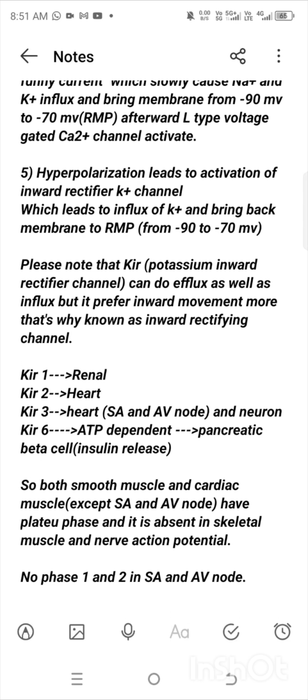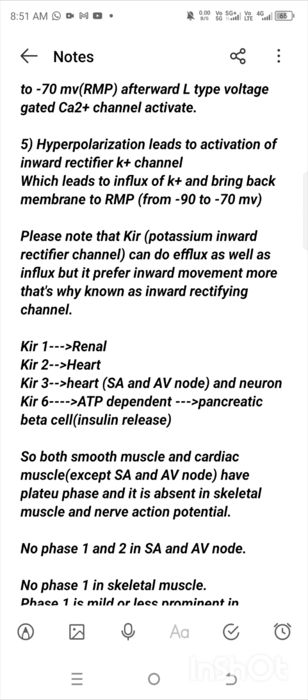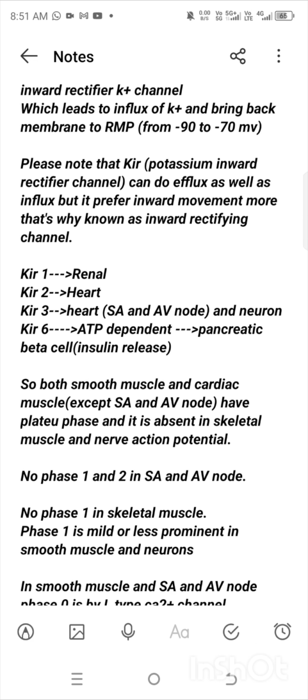Potassium inward rectifier has various types of channels. KIR1 is present in renal tubular cells, KIR2 in heart, KIR3 in heart, SA and AV node, and in other myocytes, and KIR3 is also present in neurons.